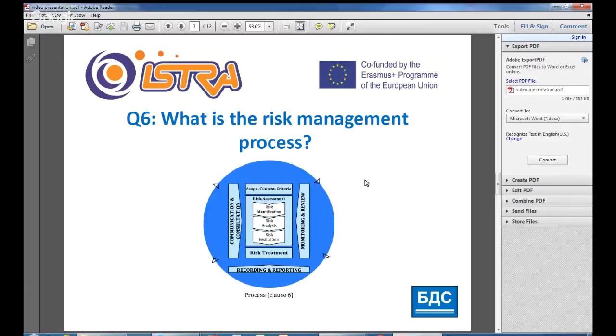Where do the risks come from? Second, the risk causes. What is the root cause of risk? Third, what events or changes in circumstances trigger risks? Fourth, what are the potential consequences of risk? And we can continue with other questions applicable to our organization.